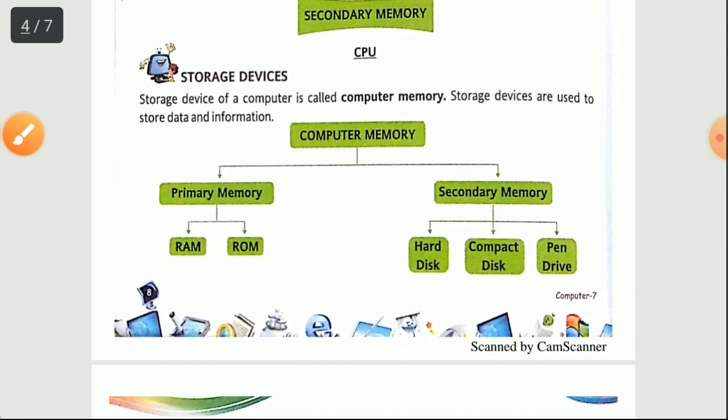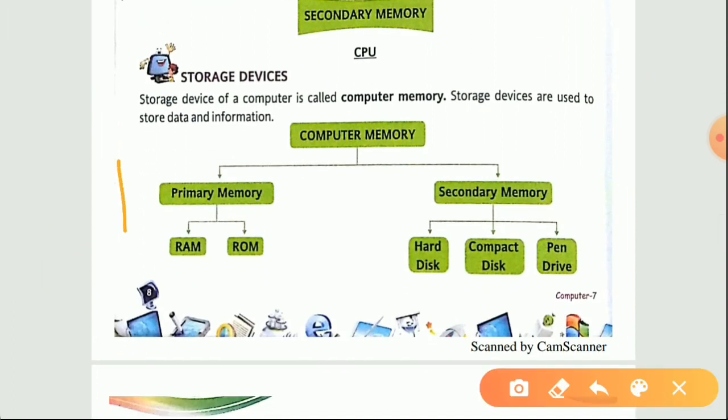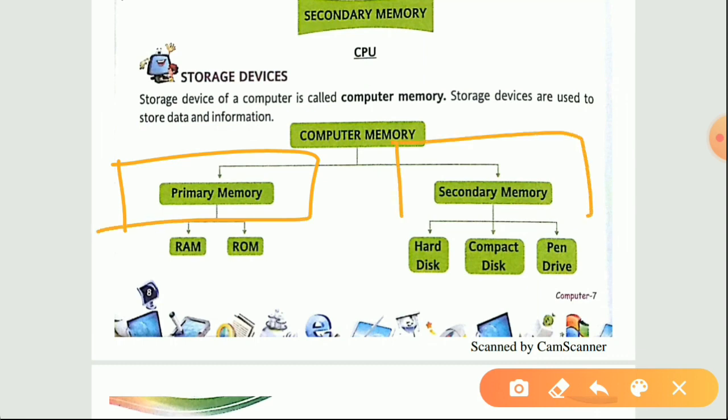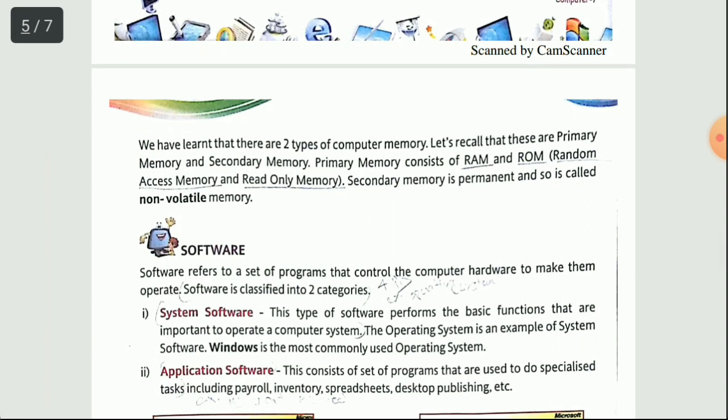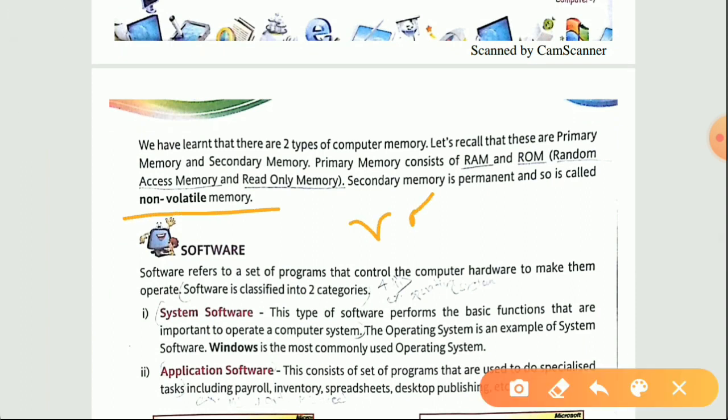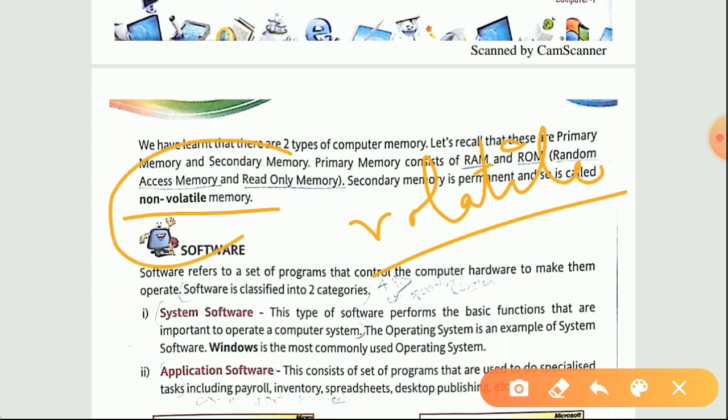We have seen the primary memories as well as your secondary memories, and most importantly in this section we have learned what non-volatile as well as volatile memory means. Yes, so those topics I told you in the previous lecture, please go through them once more. In case you have any doubt, you can let me know.